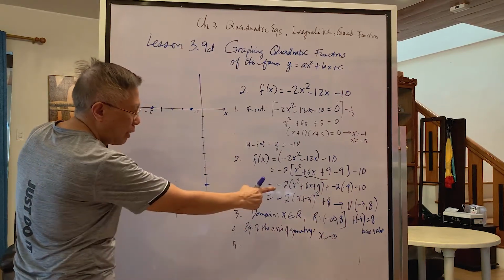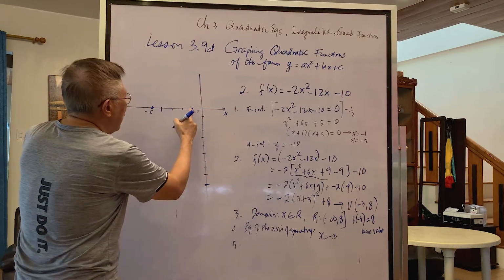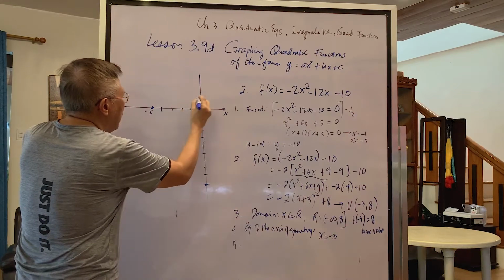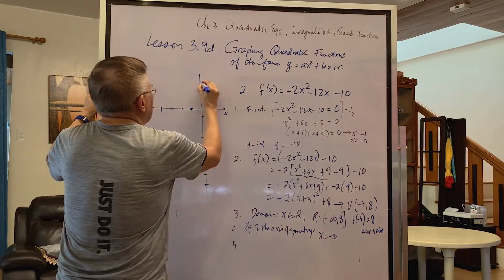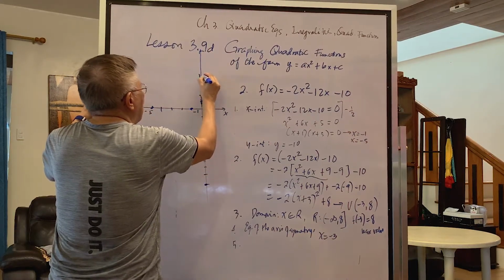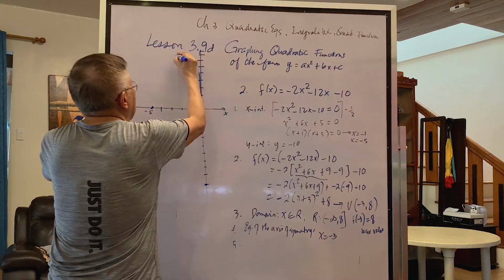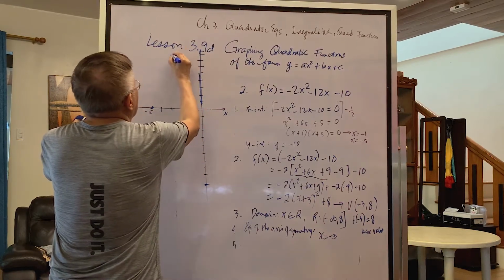And my vertex here is located at negative 3 and 8. So 1, 2, 3. And I have 8. So this goes up here. Let's say 1, 2, 3, 4, 5, 6, 7, 8. And negative 3 is here. So that's 8.